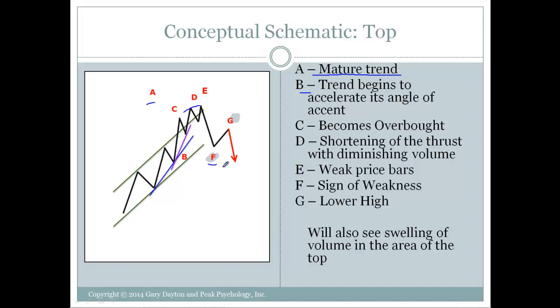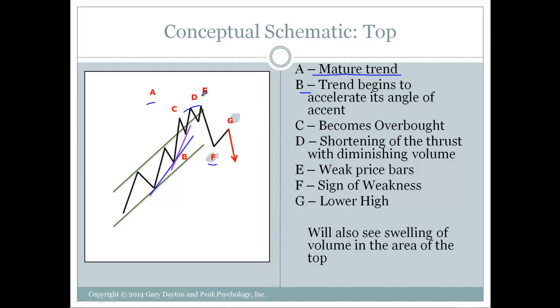Okay, we'll see that. And as this is all occurring in here, we're going to see what I call a swelling of the volume in the area of the top. You're going to see much more volume coming in this area because lots of eager buyers, but professional traders, for the most part, understand that it's too risky to hold stock or commodities or whatever it is that is being traded at that level.